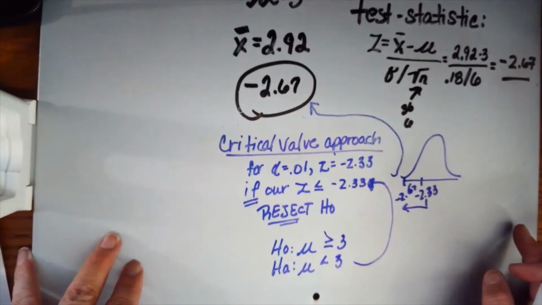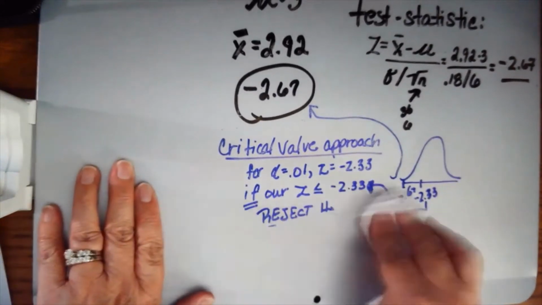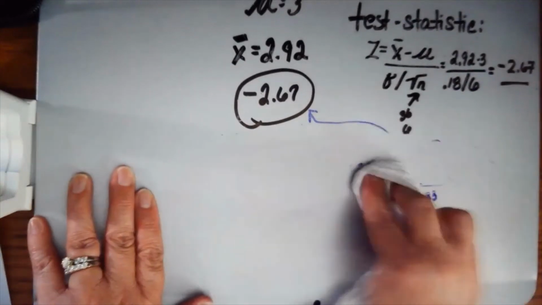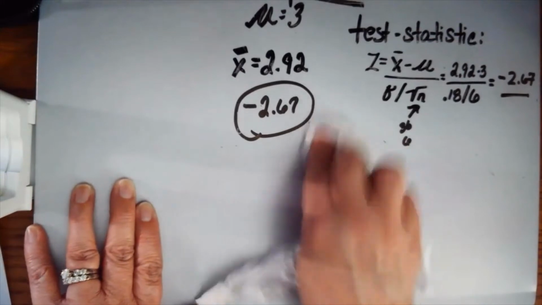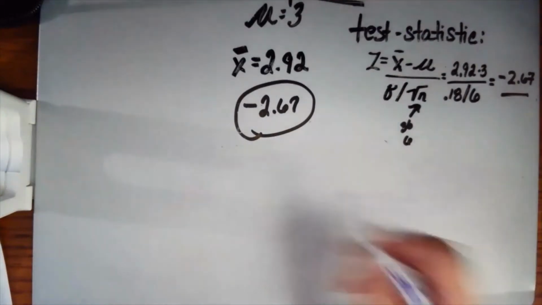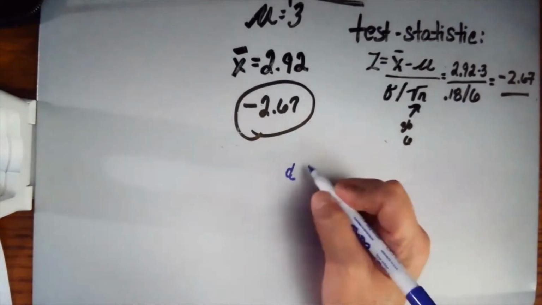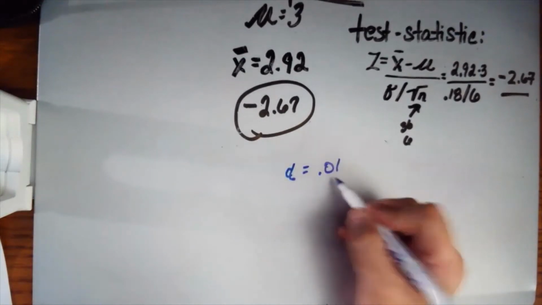Now, if we're looking at the p-value approach, then what we're looking at is the probability. Let's go ahead and set up our rejection rule for the p-value approach. With our p-value, we're looking at our alpha, again, at 0.01.